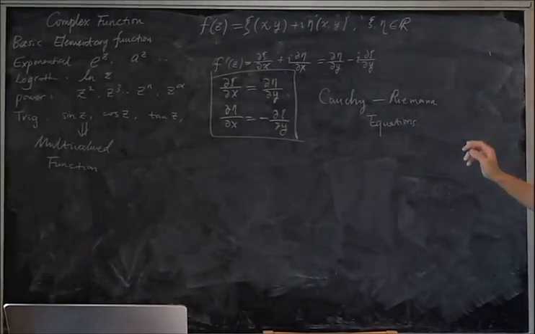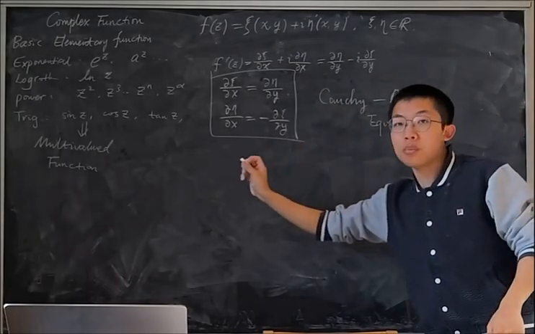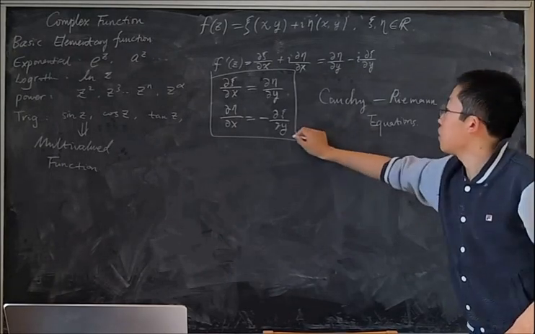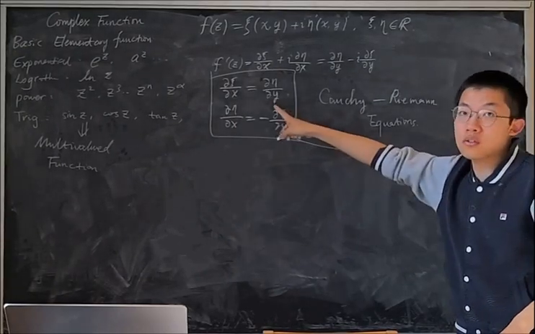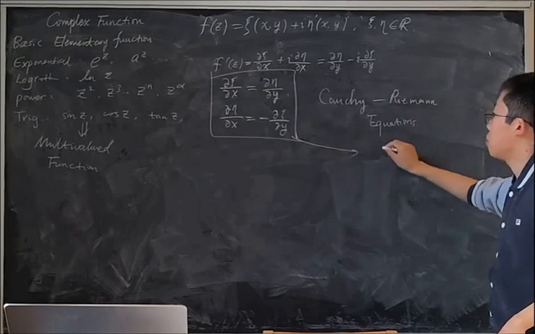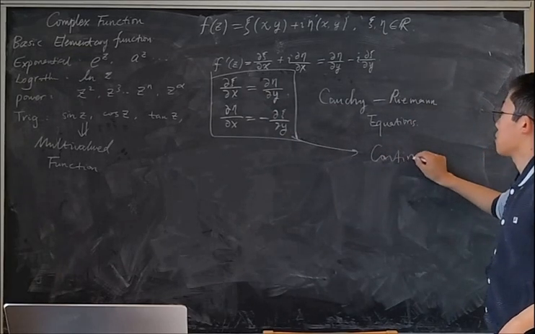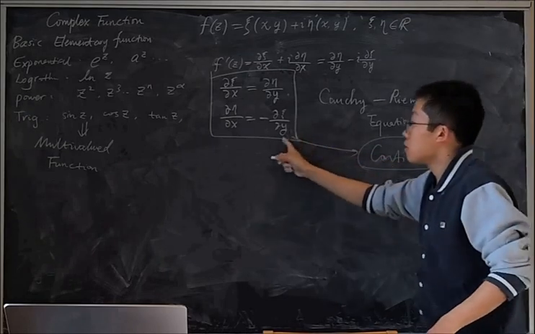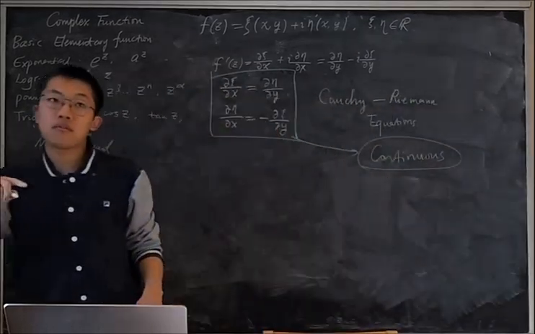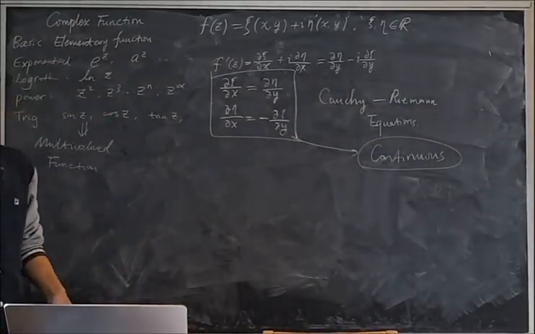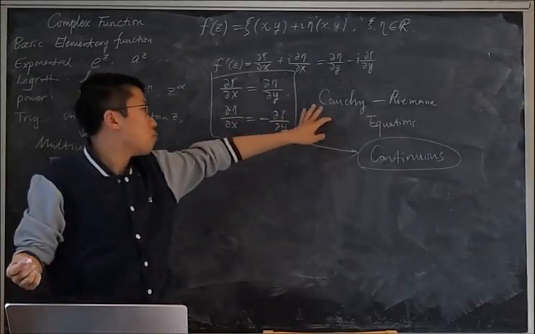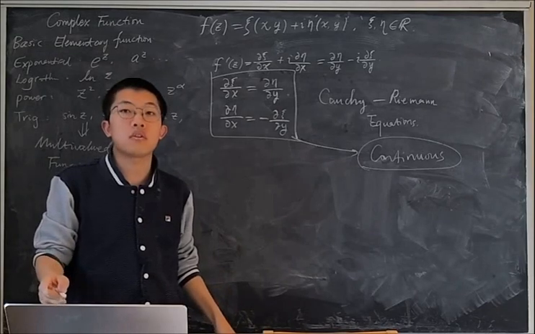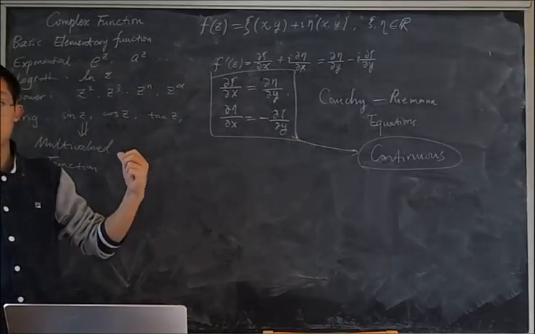So I'll add a little bit of new restrictions to make it sufficient. If you want it to be sufficient, you just need all these derivatives to be continuous. If all these derivatives are continuous, then the Cauchy-Riemann equations instantly become necessary and sufficient conditions for derivatives to exist.